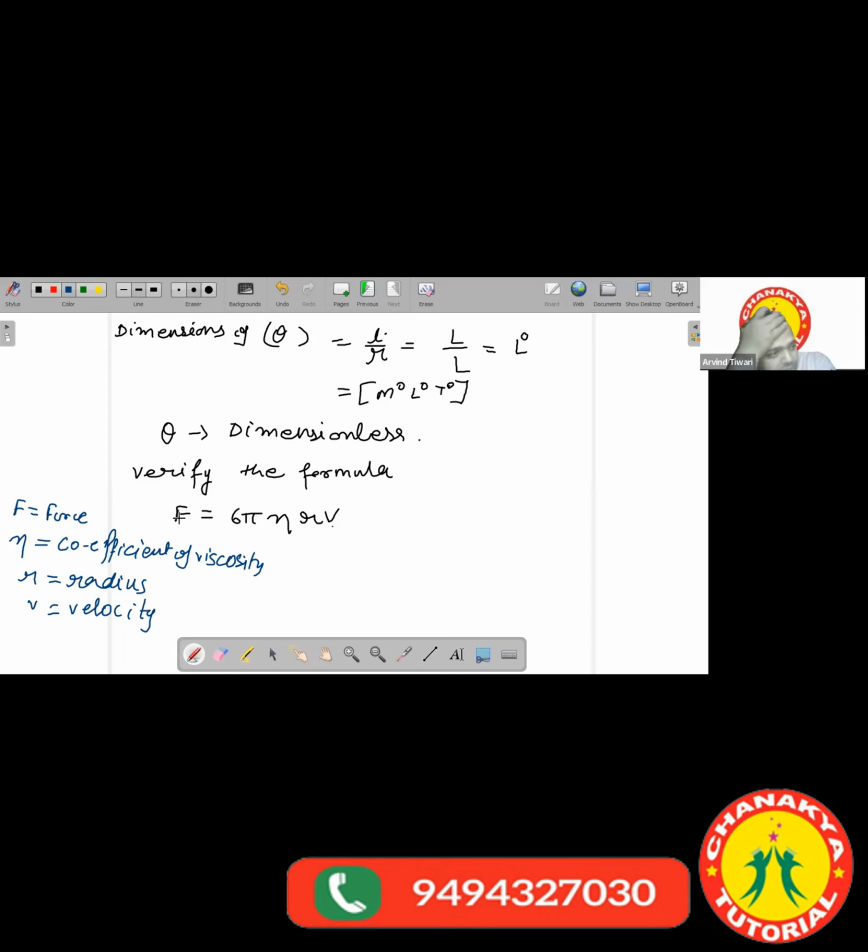It's correct, sir. So this formula is correct. F equals 6 pi eta R V is the correct formula.